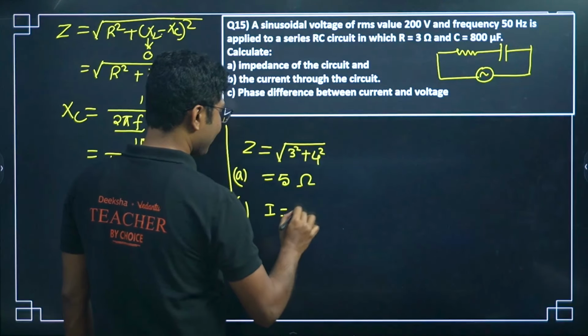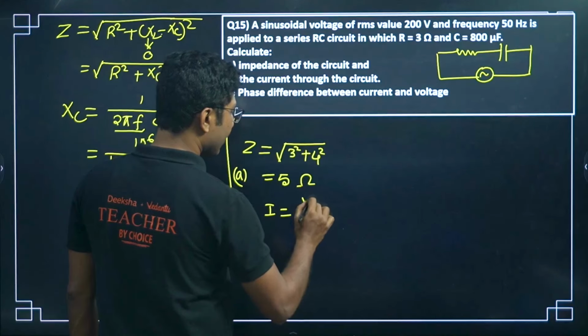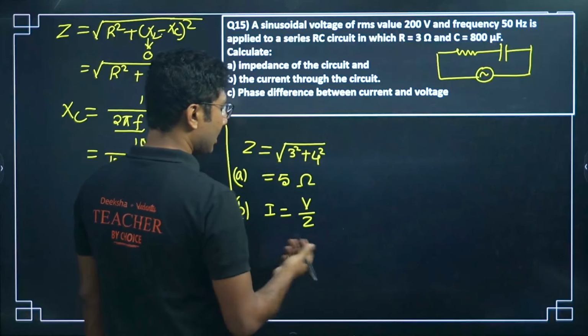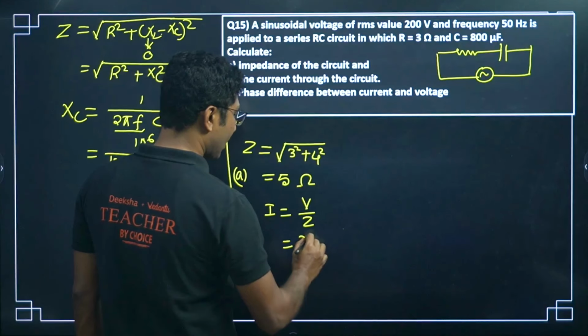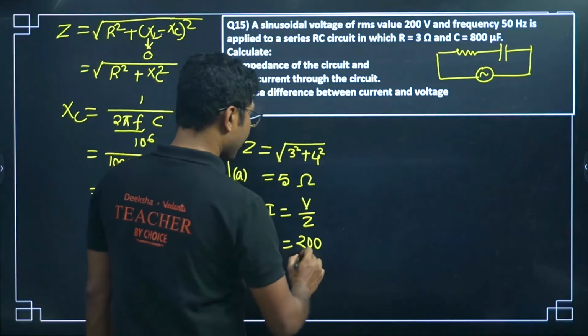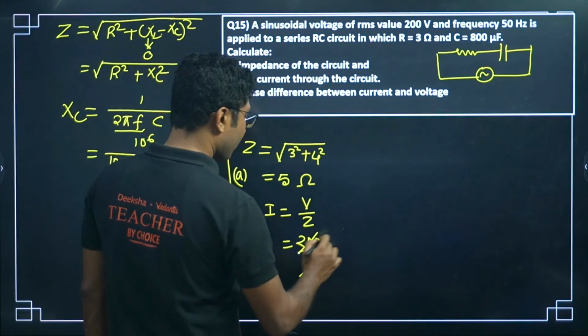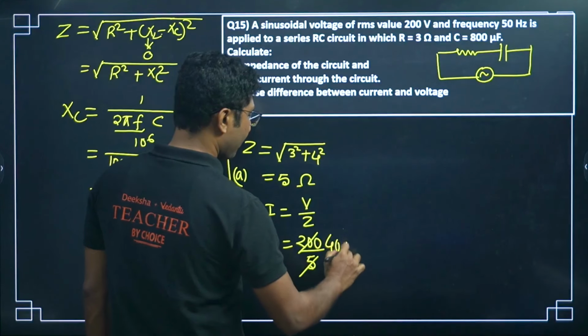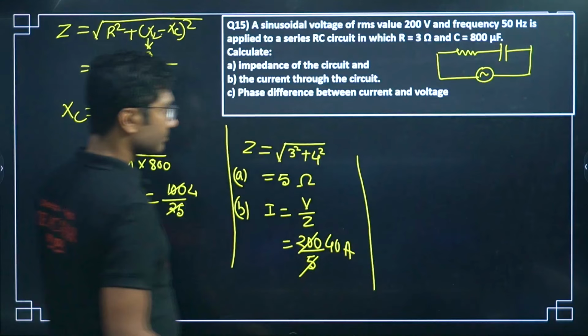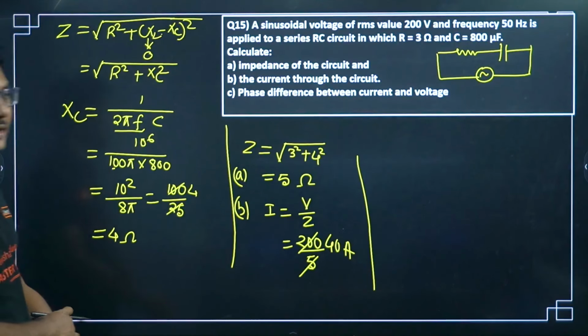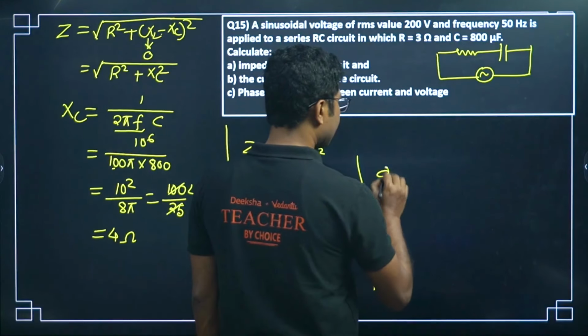Current is basically given by the applied voltage divided by the impedance. So, the maximum value of applied voltage is 200 volt, Z is 5, so it will be 40 ampere. Okay. Phase difference between current and voltage, same formula.